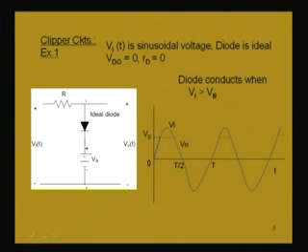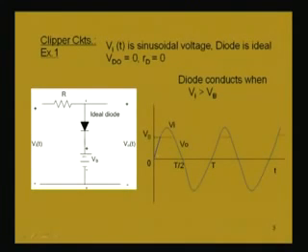There is no conduction of current, so there is no voltage drop. So the voltage V naught t is equal to Vi t for the portion of the input waveform when Vi is less than VB. Vi and V naught will just coincide, they will be the same voltage.